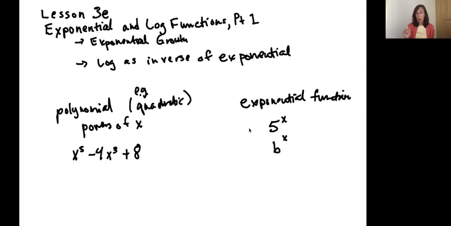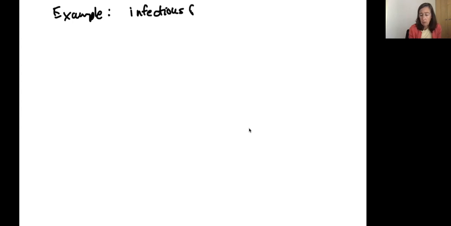Okay, so I'm going to do a very simple example of contagious disease. So what we're going to think about here in this example is that each person who has the disease is infectious for 1 week, and then they're not anymore.